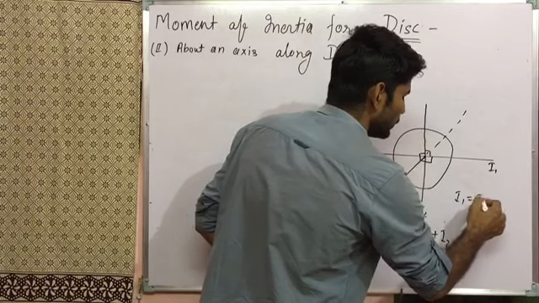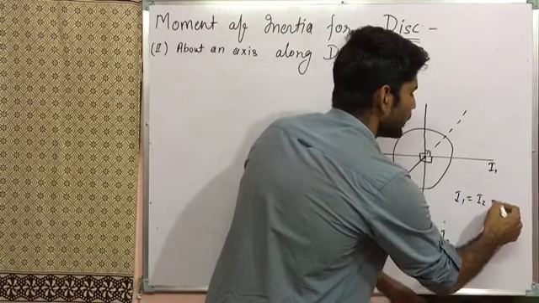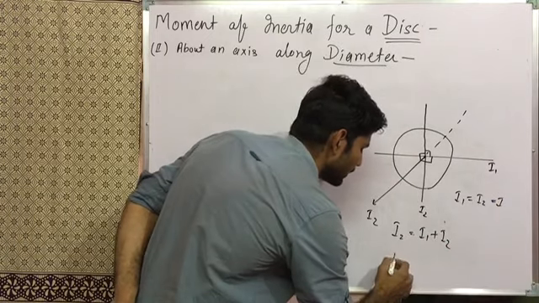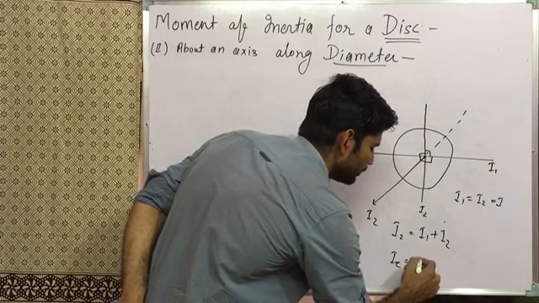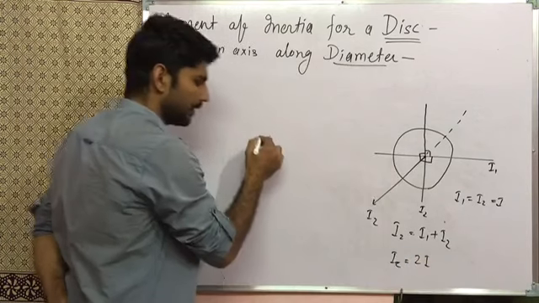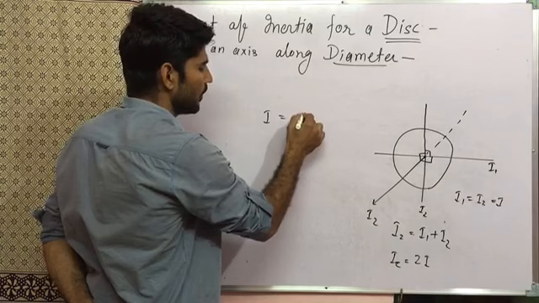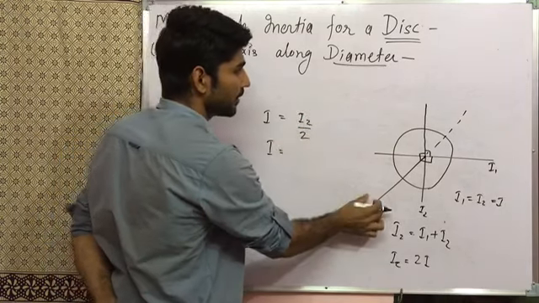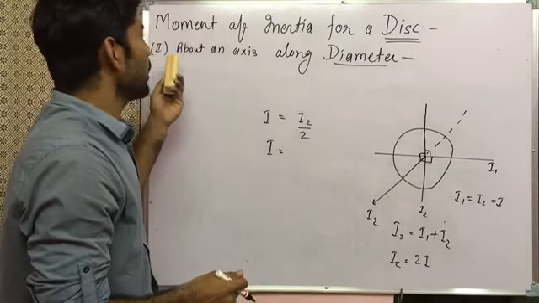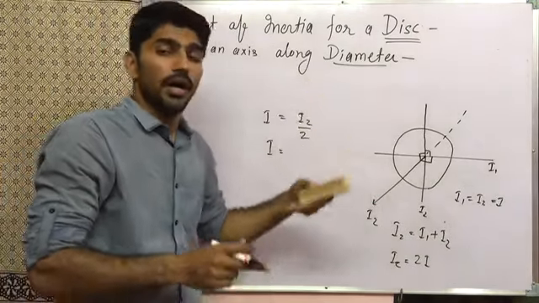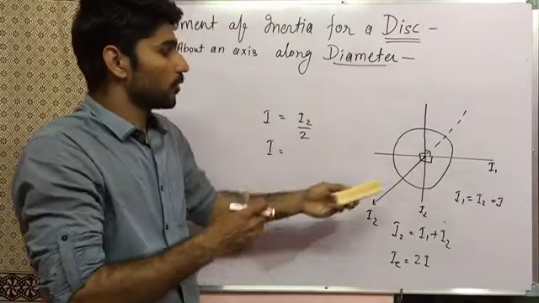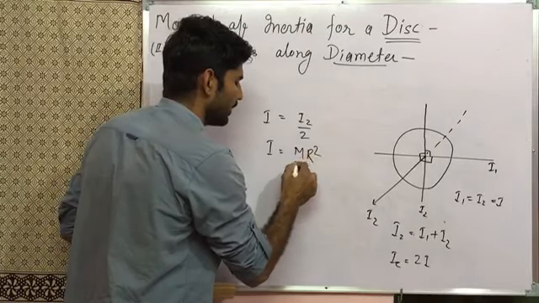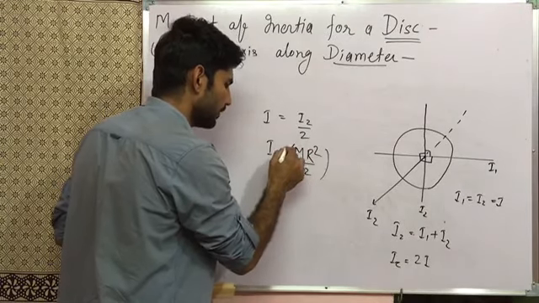So I1 equals I2, and we can write it equals I. So we can say IZ equals 2I, and here I will be IZ by 2, and IZ is the value that we determined just in the first case, the moment of inertia of the disk about an axis perpendicular to the plane and passing through its center, which was MR square by 2, and here this 2 is here.